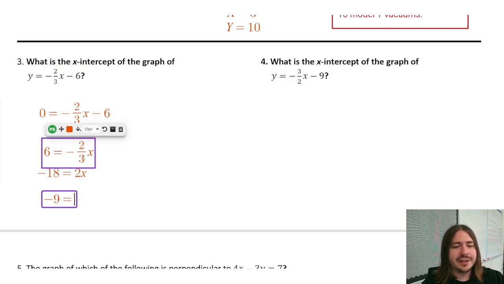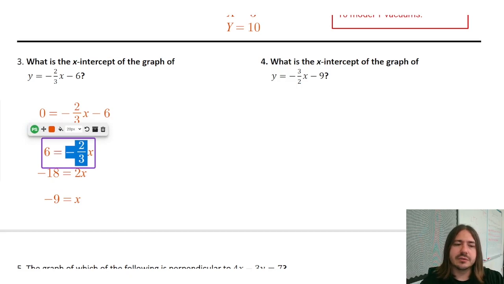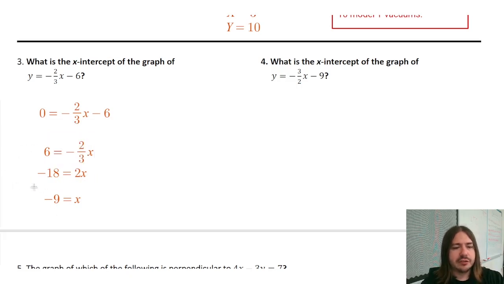Either way, you're going to get the same answer. So whether you divide both sides by this fraction, 6 divided by -2/3, or multiply 6 by 3 and then divide by 2, you're going to get -9 either way. So that's your x-intercept, -9.